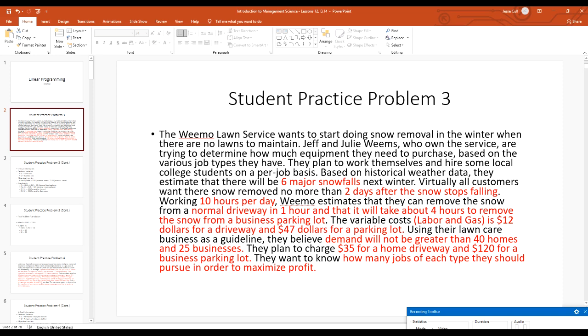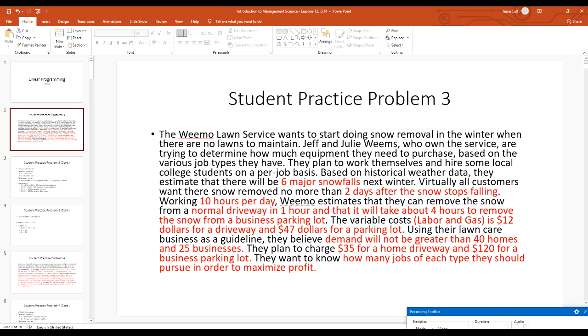So what we can do, 2 things. We can convert all of our information to hours. 12 days times 10 hours is 120 hours. Or we can convert our information into 10-hour days. So we see a normal driveway takes 1 hour and 4 hours for a business parking lot.